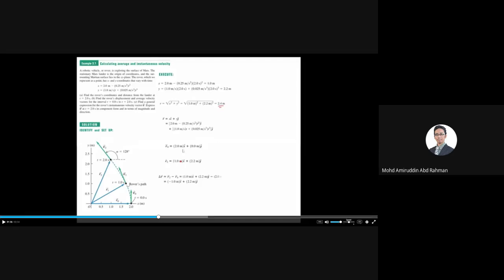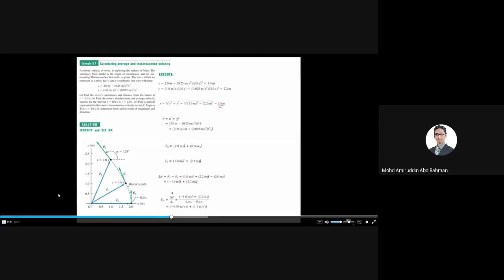So you find your vector r2 using the same equation as for r0. You obtain r2 equals 1i plus 2.2j. From these, I can get the displacement of the lander, which is r2 minus r0, so it is minus i plus 2.2j.